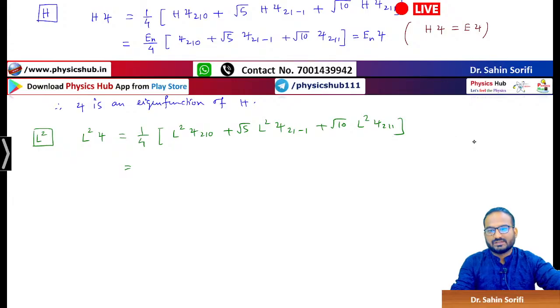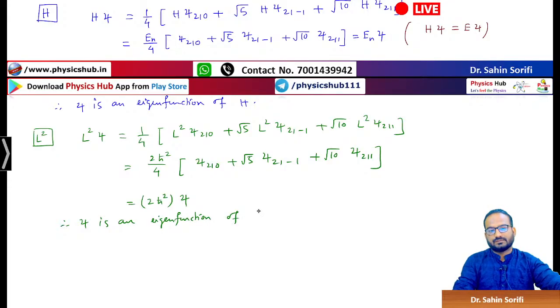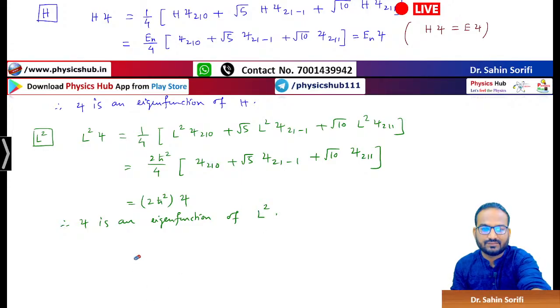So 1 into 1 plus 1 h cut square means 2 h cut square. So 2 h cut square by 4, and this will remain as it is, psi 2 1 0, psi 2 1 minus 1, psi 2 1 1, and this is nothing but 2 h cut square times psi. So here also we can say that psi is an eigenfunction of L square, right?